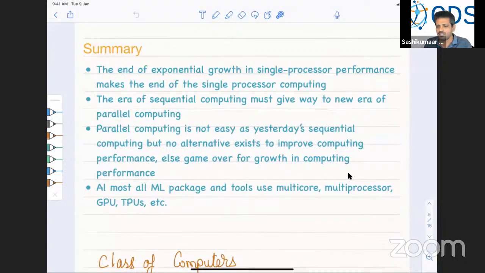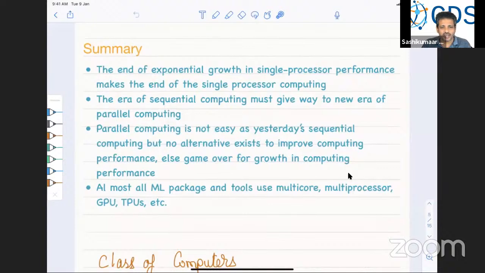That's a summary. The end of exponential growth in single processor performance marks the end of single processor computing. This time period is over. In fact, it's been over for almost 8 years. The era of sequential computing must give way to a new era of parallel computing. That's the way forward. As I said, it is not by choice, we don't have any choice, we are forcefully asked to do that.